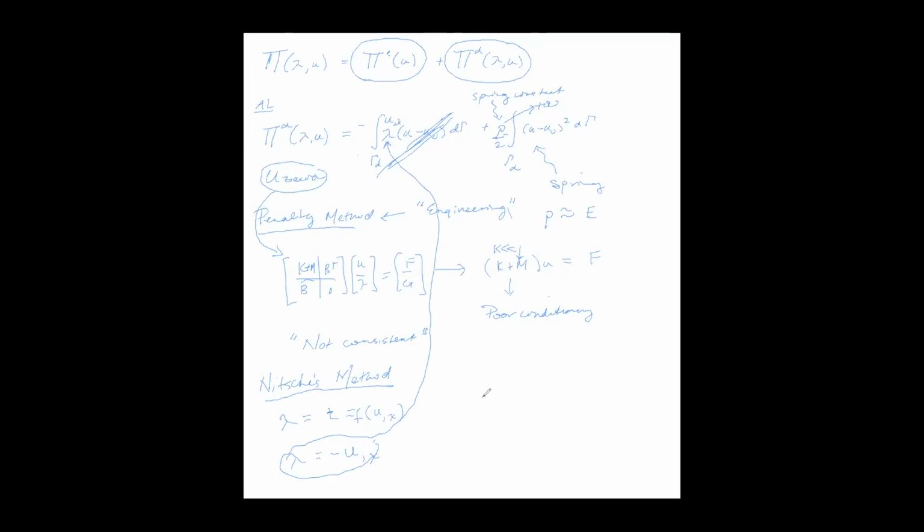The remarkable thing about this simple substitution is it leads to a consistent, stable method. Do you lose accuracy when you do that? No, you preserve accuracy, because all you've done is a simple substitution.